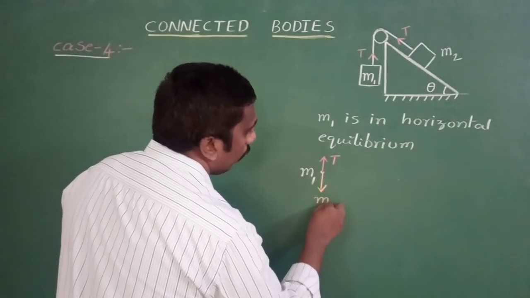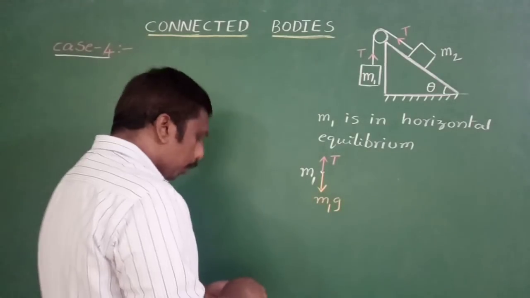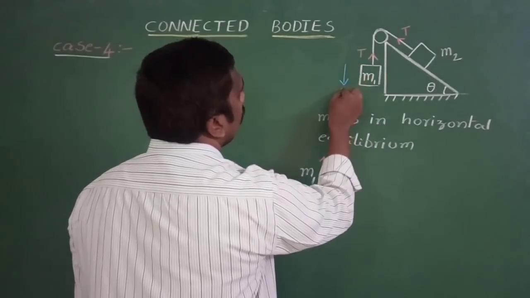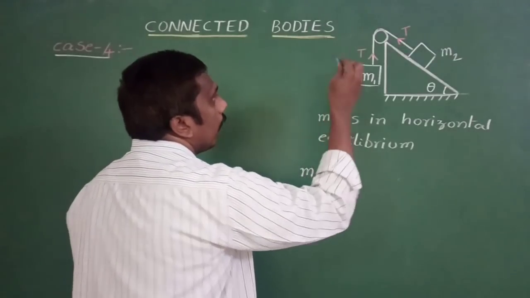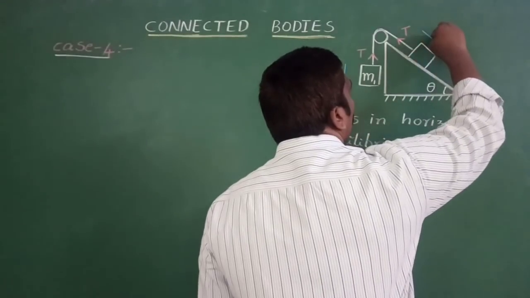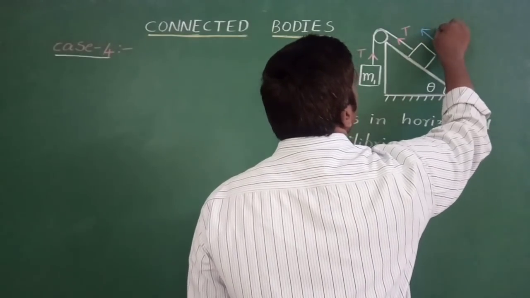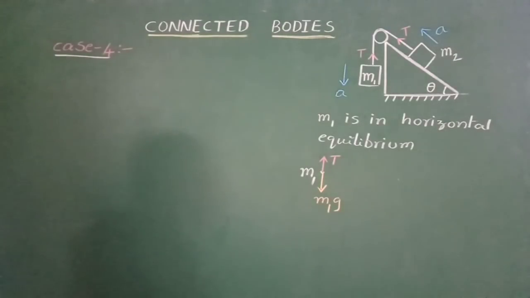In this case, I am assuming this block is going downward with an acceleration A. Then M2 is moving along the inclined plane in an upward direction with the same acceleration, because both are connected by the same string, so both blocks are moving with the same acceleration.